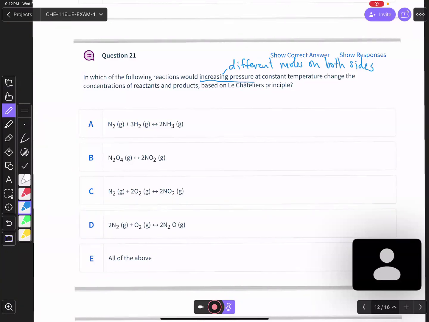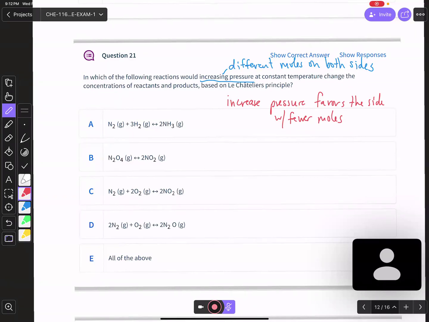If the number of moles in the gas phase are the same on both sides, pressure wouldn't have an effect. So if I increase pressure, I favor the side, right? And it's not asking what direction this is going, but increased pressure favors the side with fewer moles in the gas phase, fewer moles, smaller volume, right? They can occupy a smaller volume.